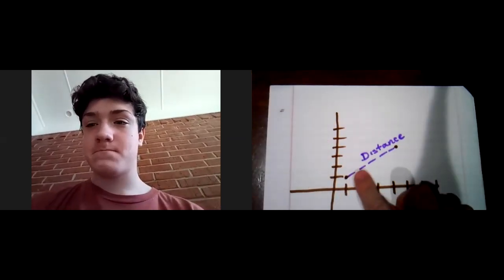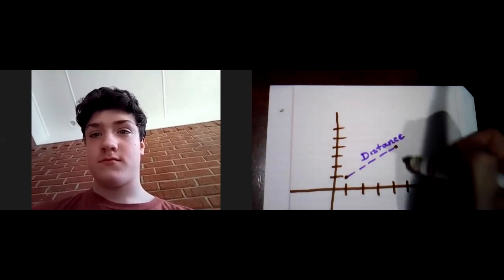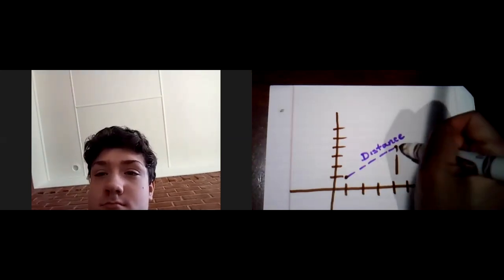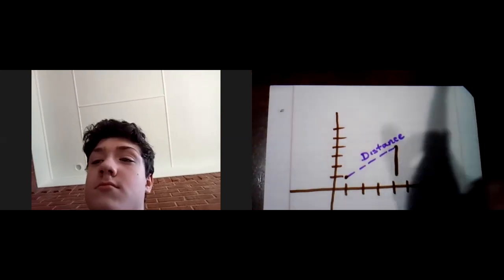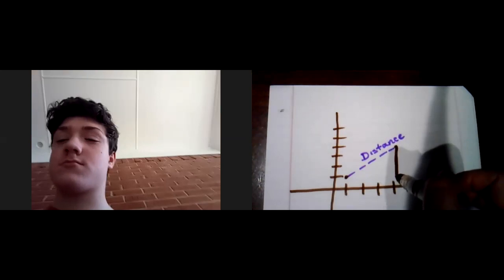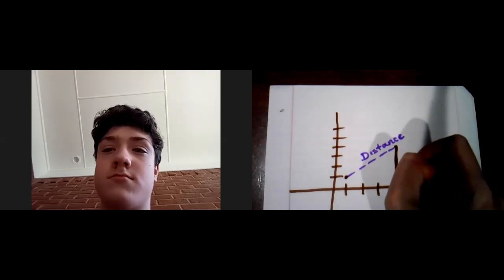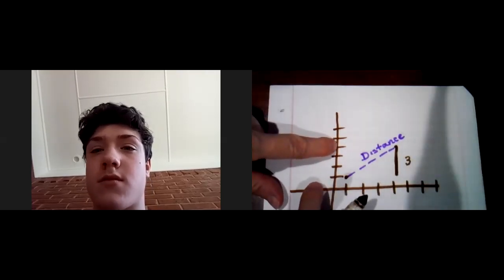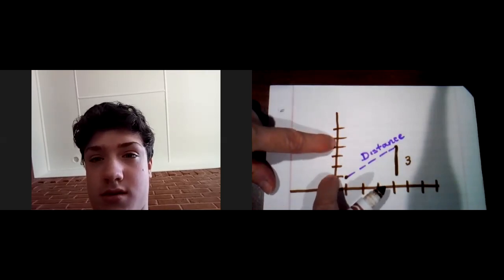But when you're dealing with this, you are going to think of it in terms of a triangle. So we're going to bring this down here. And the difference between that point up here and that point down here, just on this side, is 3. Because it went from here down to here, and there's just 3 spaces in between.